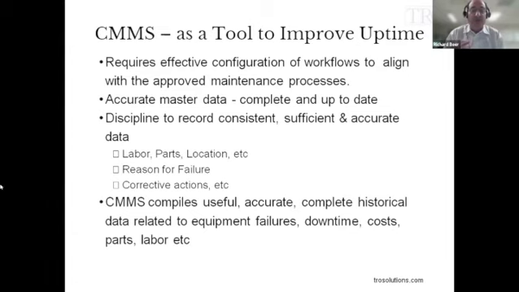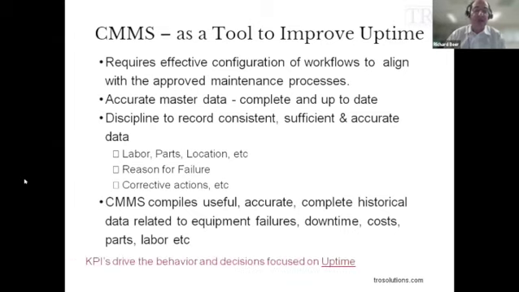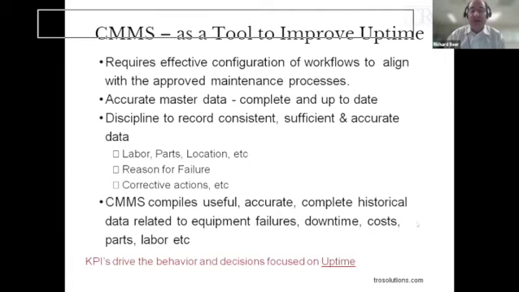If you do, your CMMS compiles useful, accurate, complete historical data related to equipment failures, downtime, costs, parts, labor, etc., but it requires the discipline to put that information in. KPIs, once you have that data in, can drive the behavior and decisions focused on uptime, because what gets measured gets done.